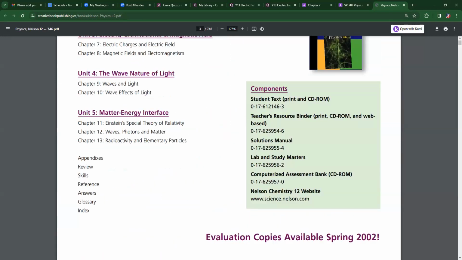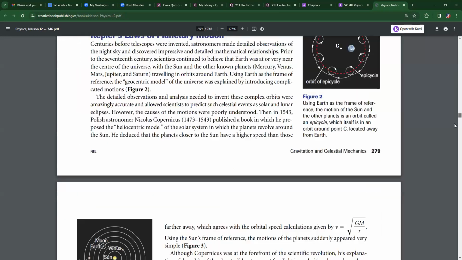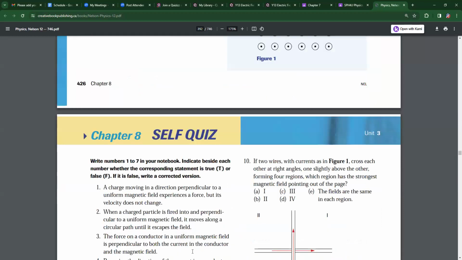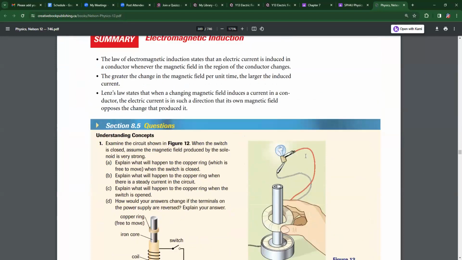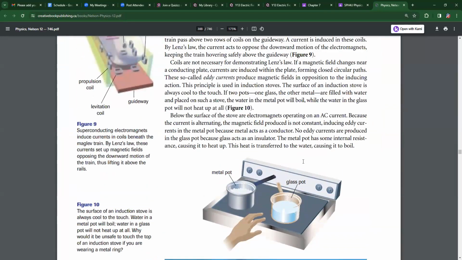Okay, so in chapter 7, I will check through key ideas. Yes, it's easier to download this textbook and then open it on desktop because it freezes a little bit when you open it online.